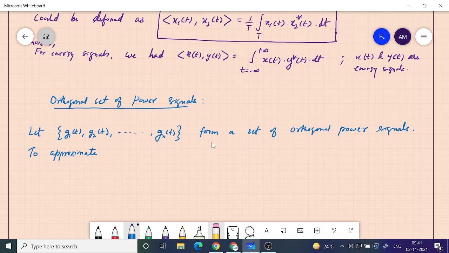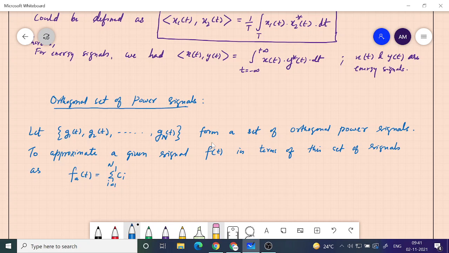To approximate a given signal, say f of t, in terms of this set of signals, as fa of t equal to sigma ci gi of t, i goes from 1 to N. So there are N number of signals in the set.